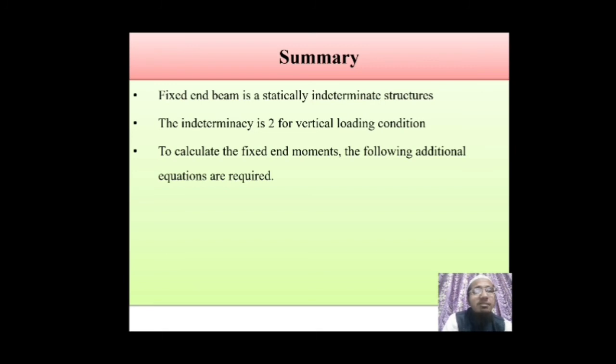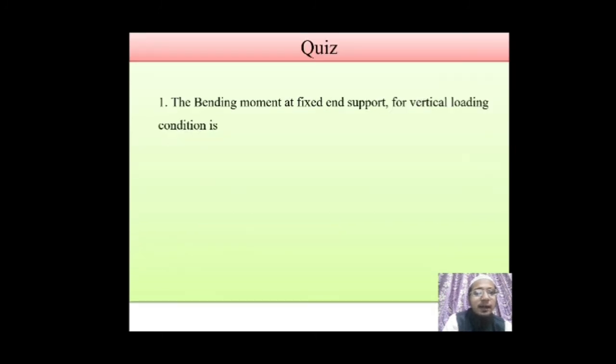And to calculate the fixed end moments, the following 2 additional equations are required: MA plus MB equals the area of the mu diagram, and the second equation MA plus twice of MB equals 6 times mu into x bar divided by L square. So, by using these 2 equations we can find MA and MB.